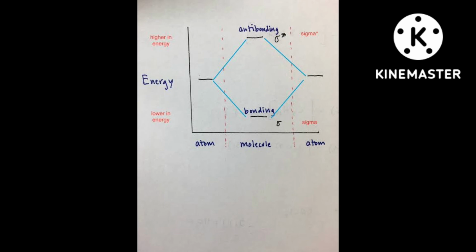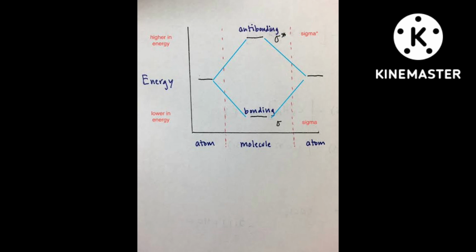Electrons placed in a bonding molecular orbital tend to hold the nuclei together and stabilize. If electrons are in between the two nuclei, then they will hold both nuclei and stabilize a molecule, because when both nuclei are coming together, it means a molecule is forming, then you can tell that it will stabilize the molecule.